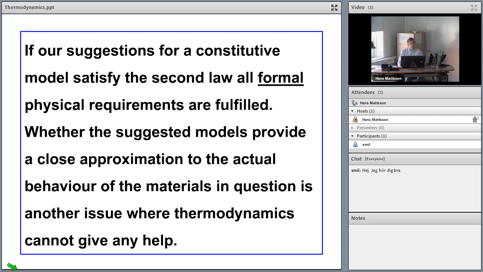The answer is, Roger says that it depends on what you use the models for. Maybe you don't need a perfect model all the time with satisfied thermodynamical principles. But if we have the constitutive model in a commercial software, and we know that we have users in commercial software that don't understand so very much.